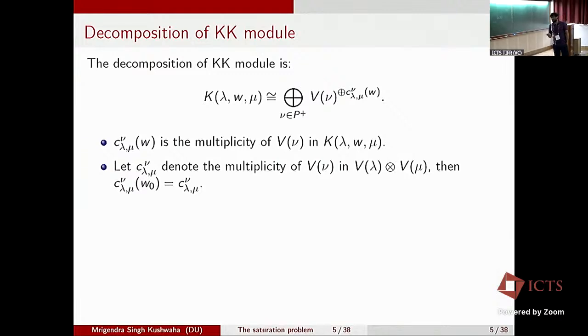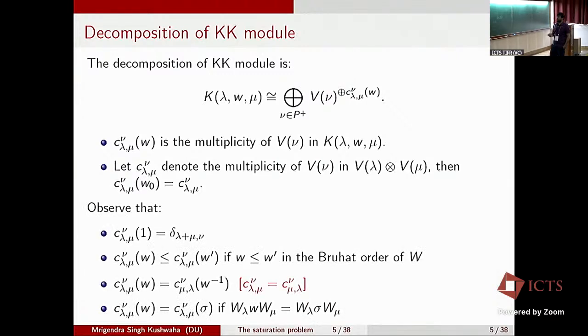So here are some properties of this tensor product multiplicity with W. If I take W equal to identity, this is just the Kronecker delta, delta lambda plus mu nu. And if W is less than or equal to W dash in the Bruhat order, then the corresponding multiplicity C lambda mu nu W is smaller than C lambda mu nu W dash.